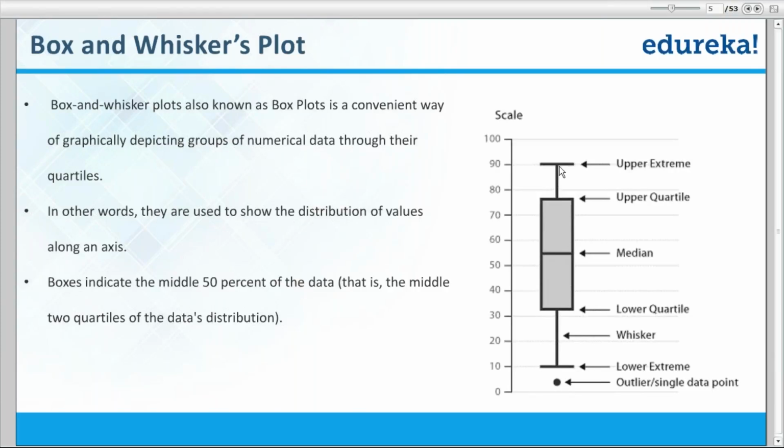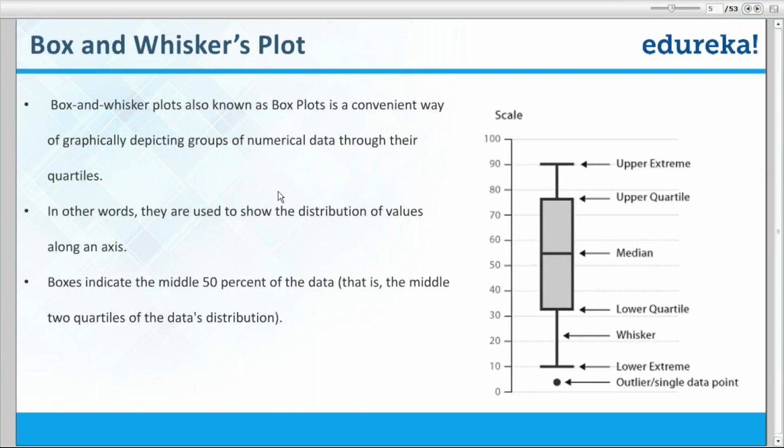So how are these values calculated? It is basically 1.5 times the interquartile range. So first we find the difference between the upper quartile and lower quartile, and 1.5 times that will give me this entire range. So 1.5 times that interquartile range is going to be my upper extreme there.